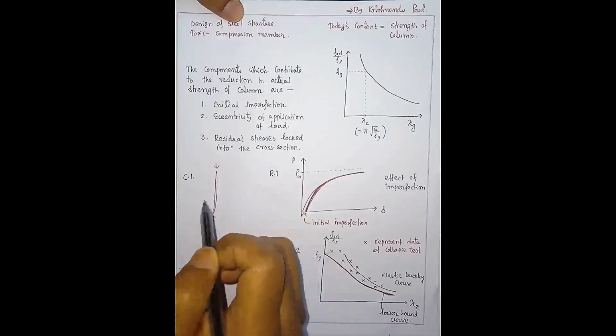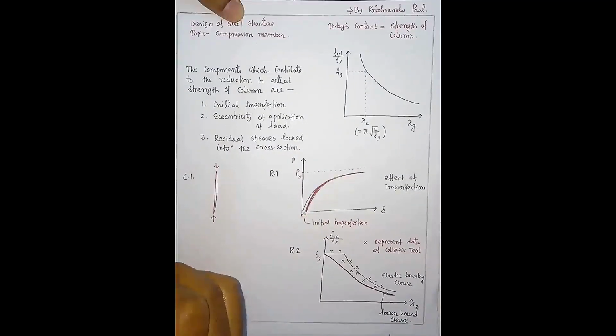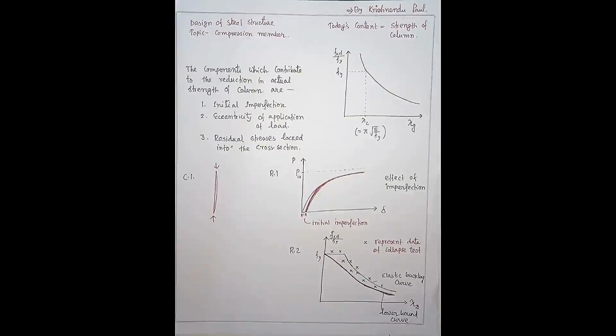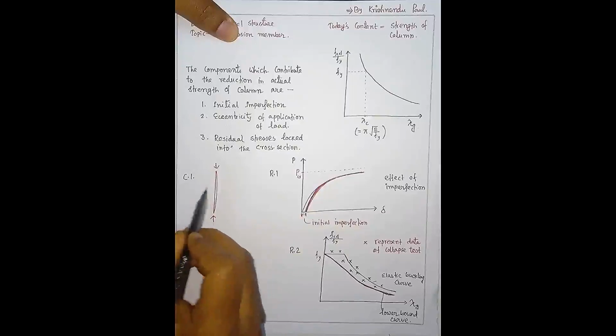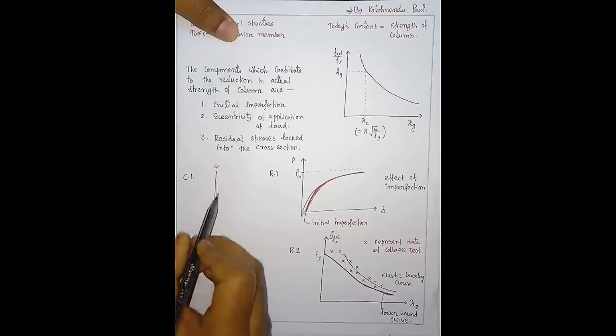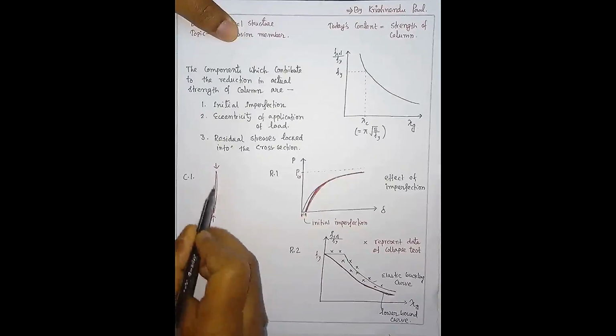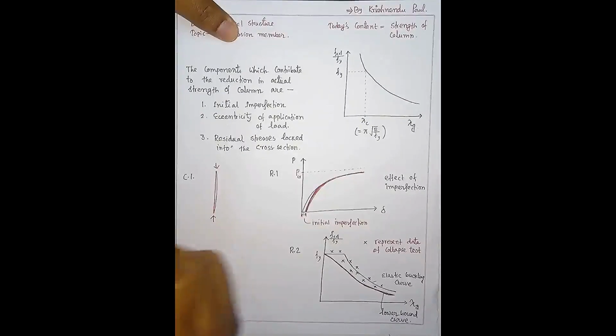That means the column will not be straight. Initially the column will have some minimum amount of deflected shape, some minimum amount of deflection is present in that column. This column should be straight, but it is having some initial deflection.